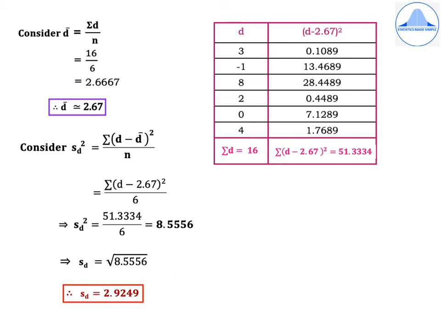Similarly, the remaining d minus 2.67 whole square values are 13.4689, 28.4489, 0.4489, 7.1289 and 1.7689, which gives summation d minus 2.67 the whole square as 51.3334. Therefore, SD square is equal to 51.3334 divided by 6, which is equal to 8.5556, or SD is equal to root of 8.5556. Therefore, SD is equal to 2.9249.